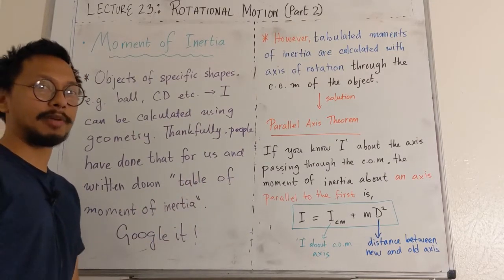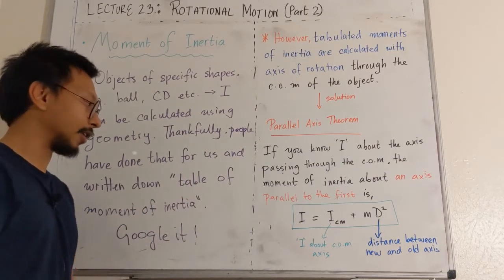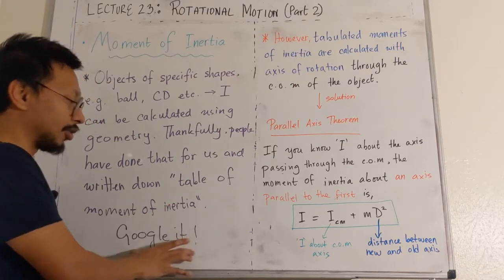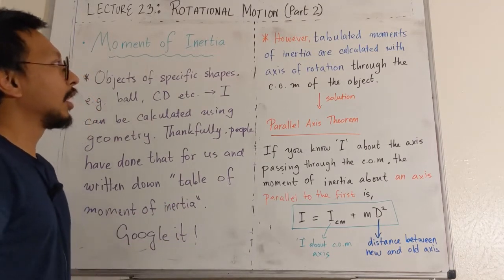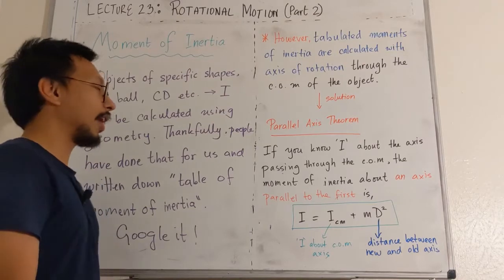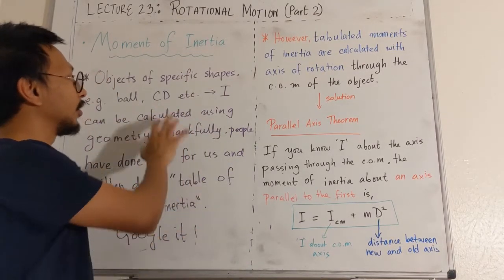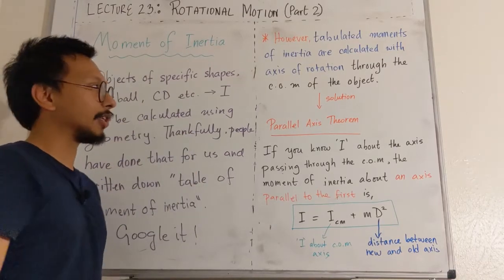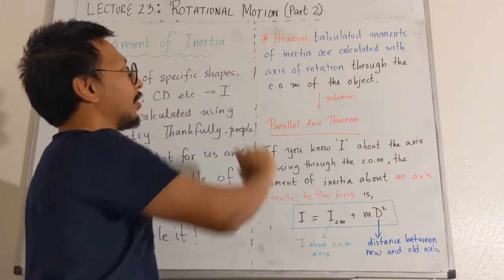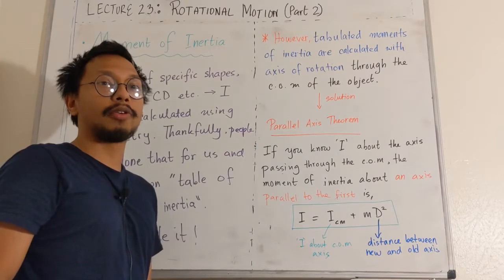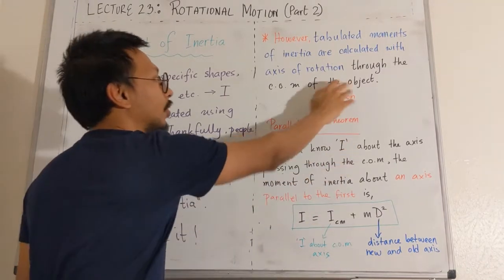You can find many tables of many different shapes. Just Google it, right? However, not all shapes are given, and also the moment of inertia for these specific shapes that are tabulated are calculated about an axis that passes through the center of mass of the object.